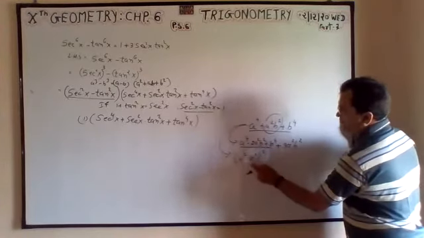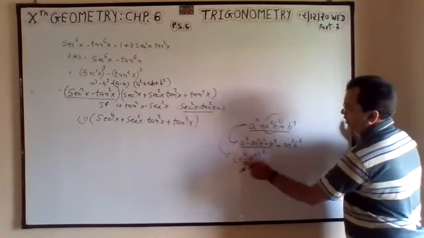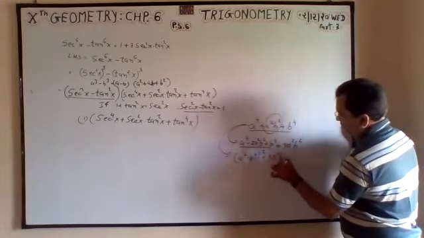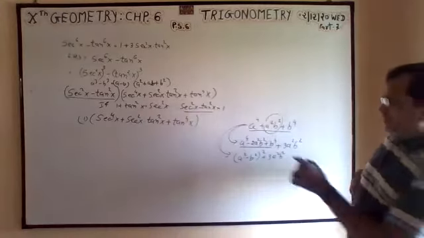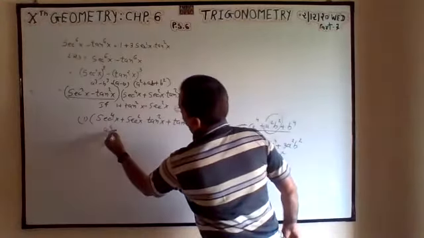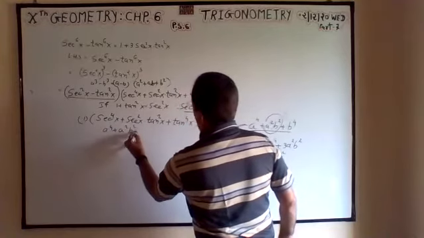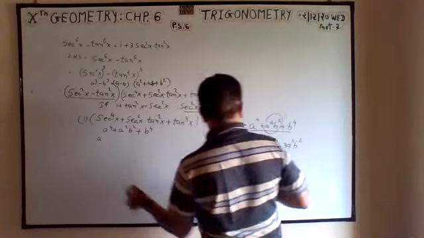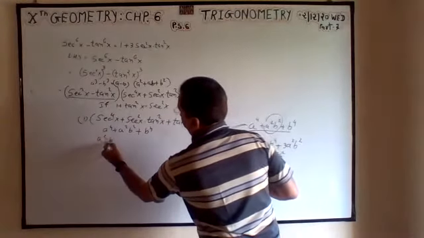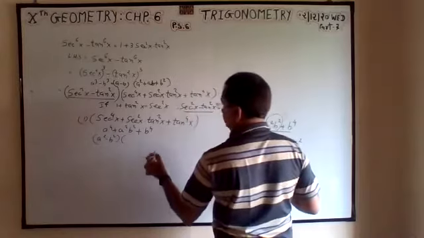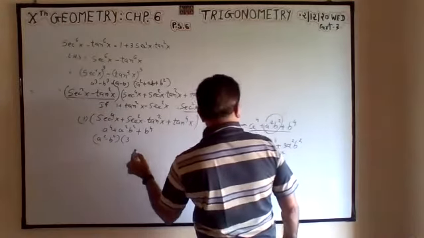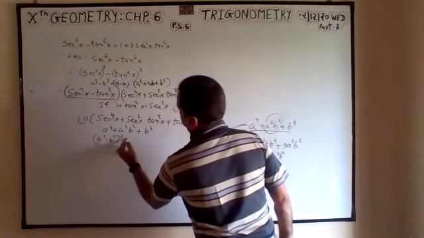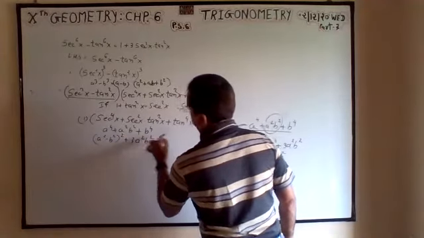Square of the first number, square of the last number, 2 into a square b square, plus 3 a square b square. Okay, so this is the same as a raised to 4 plus a square b square plus b raised to 4. This you can convert into a square minus b square, overall square, plus 3 a square b square.